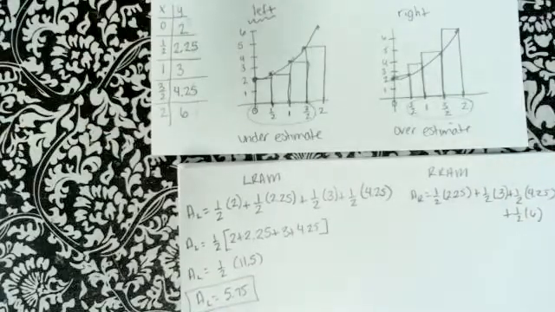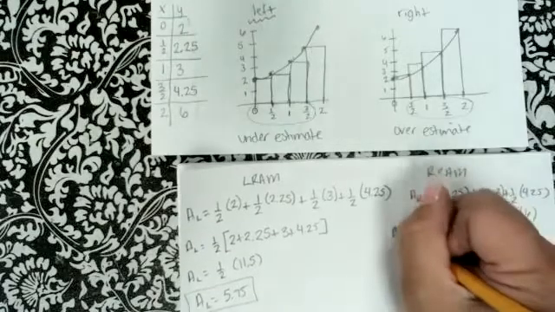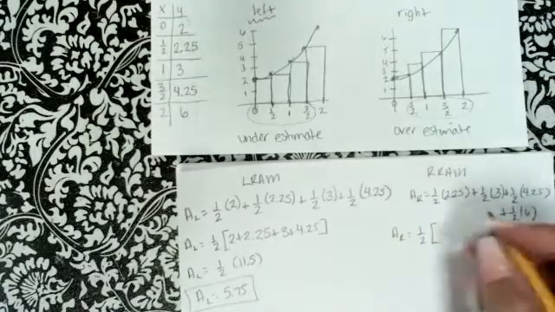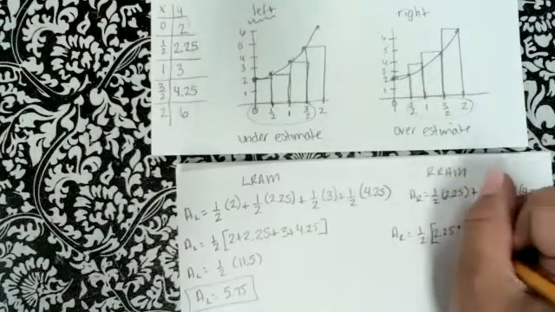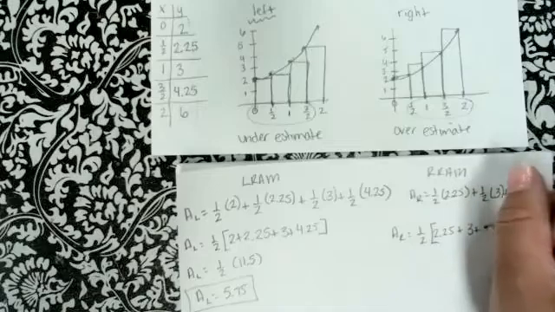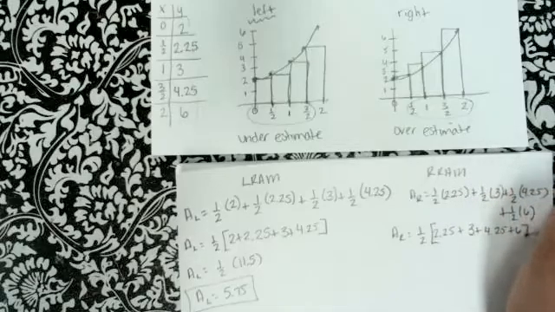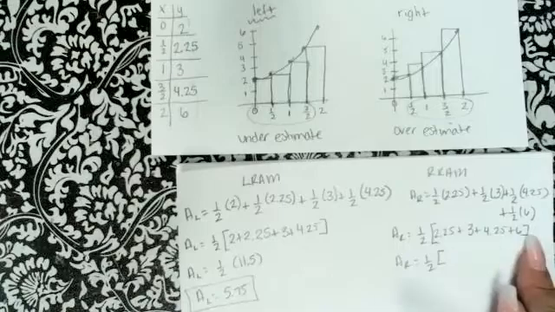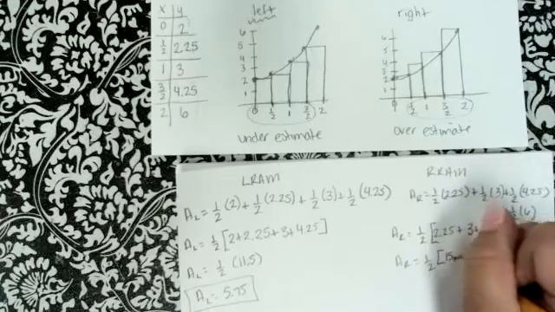And once again, because all of those bases are 1/2, I'm going to factor out the 1/2 and put all these heights on the inside. 2.25, 3, 4.25, and 6. When I add up all of these, I get 15.5.